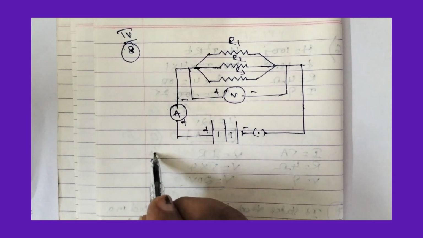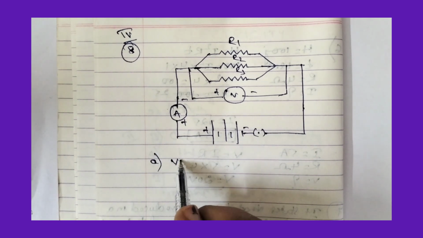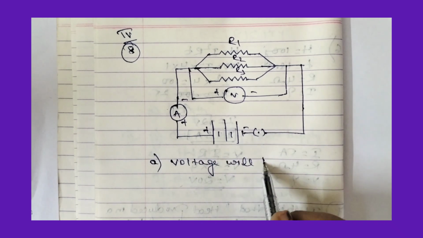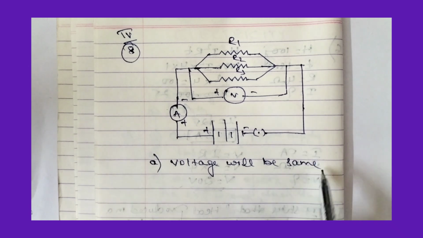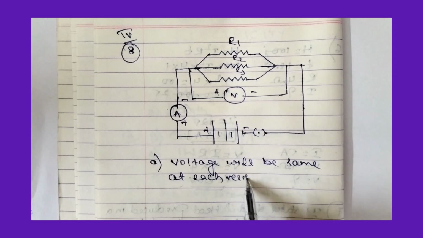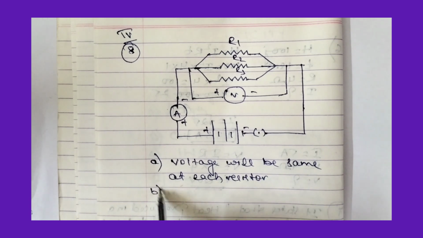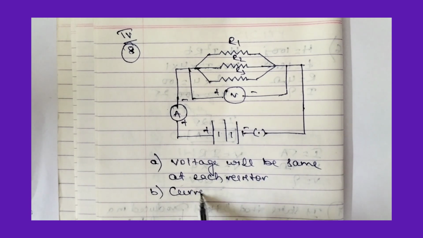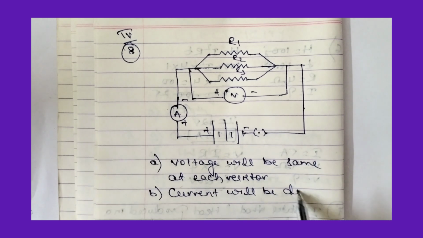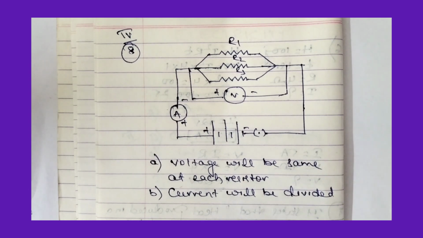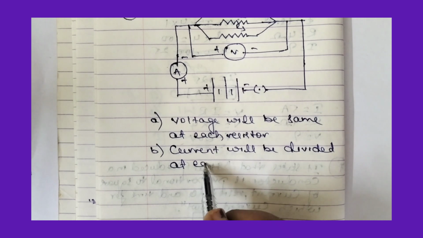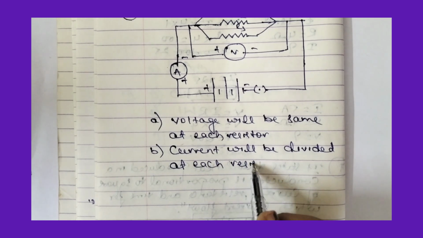So let us write what happens in a parallel circuit. Voltage will be same at each resistor. Second point, current will be divided at each resistor.